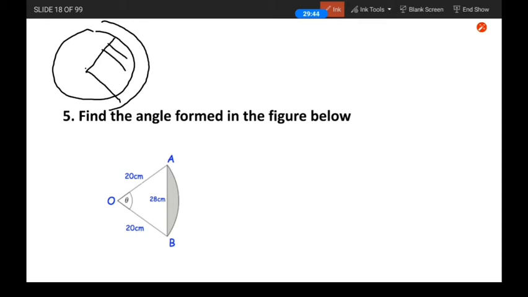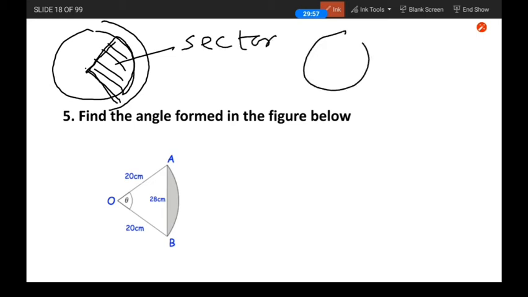Now, the region formed between 2 radii and an arc is called a sector, right? Good. Now, if I have a chord, it is a line not passing through the center, this is a chord. Now, an arc and a chord will always form what? A segment. So this is a segment. Is that okay? This is a segment.